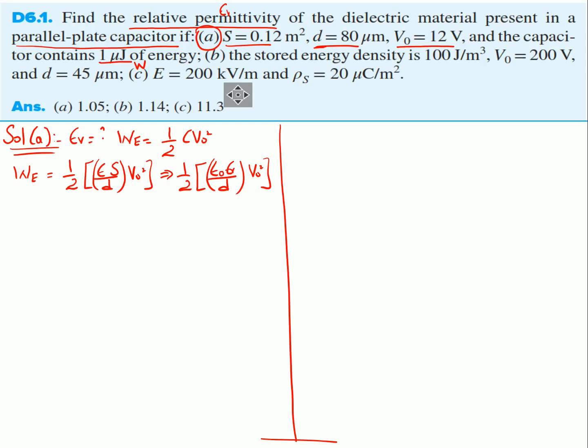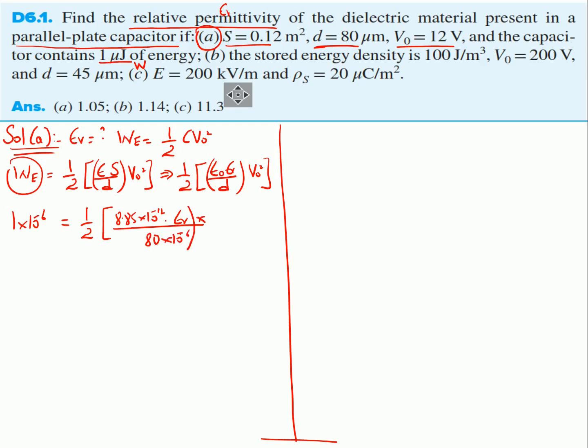So the energy W is already given to us as 1 microjoule, so I can write it as 1 into 10 raised to power minus 6. It is equal to half. The value of epsilon naught is already known, so it is 8.85 into 10 raised to power minus 12, and epsilon r is something that we need to find, multiplied by the potential difference, which is 12, so 12 squared, divided by the value of d, that is 80 into 10 raised to power minus 6.